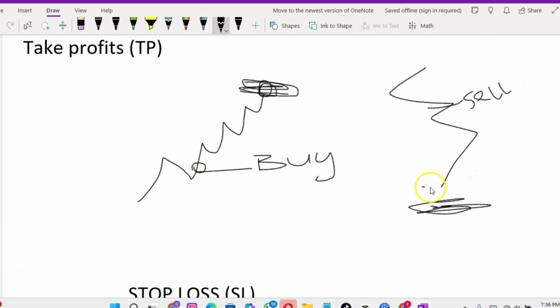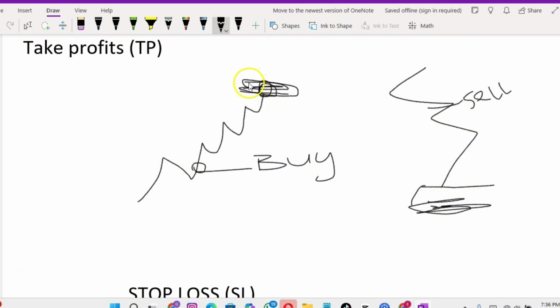Now, you set your take profit somewhere around here. It means that you are telling your broker that if price should get to this level, close this trade for me in profit. Whether I'm there or not, just close it for me in profit. And how do you know that this place should be your take profit? Based on your market analysis.